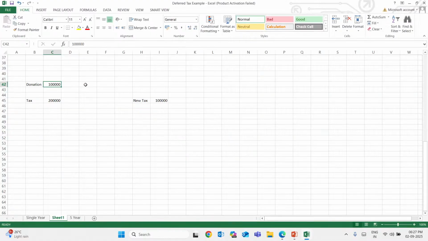here the donation is 1 lakh, but only 50% is allowed. That means the 50% of donation here will be 50,000, right?